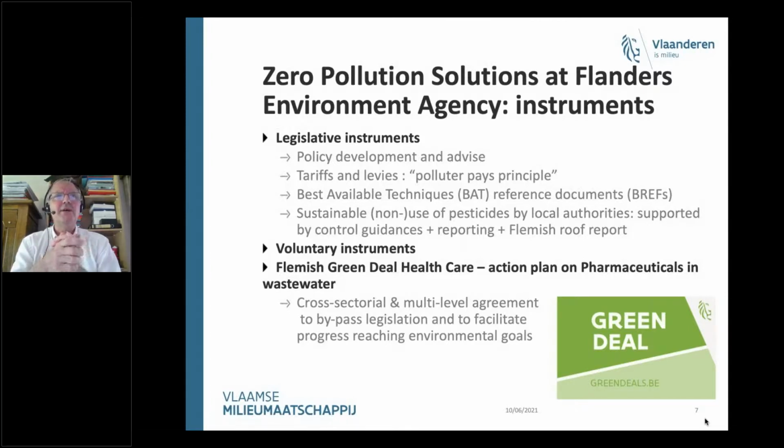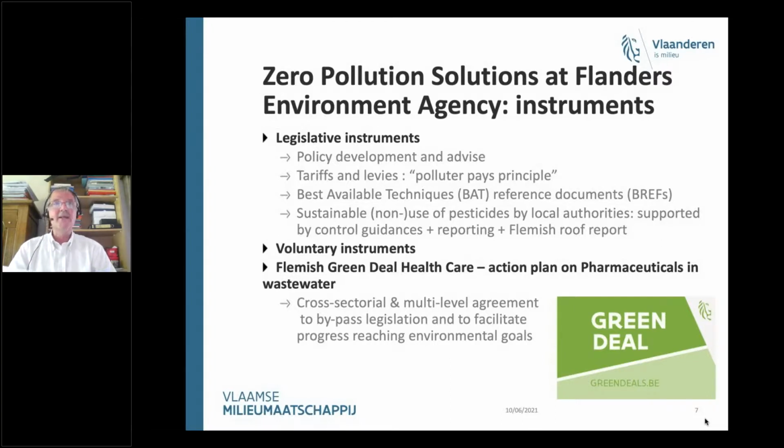There are the best available techniques and the reference documents, to also have a scientific background and to put forward conditions into the environmental permits. And there is also the sustainable use or non-use of pesticides by local authorities, where we have seen that we made very great progress in not using pesticides anymore.